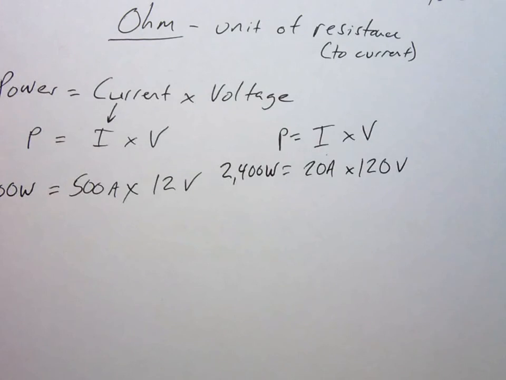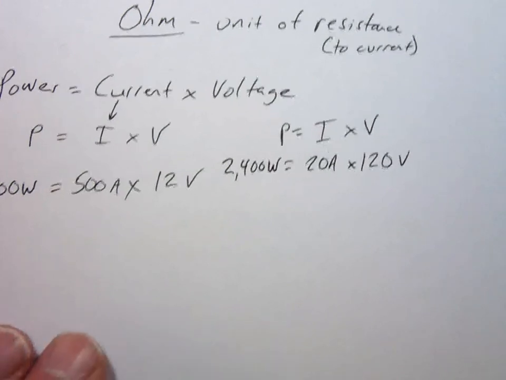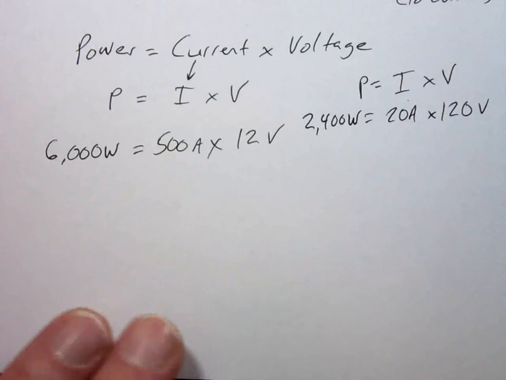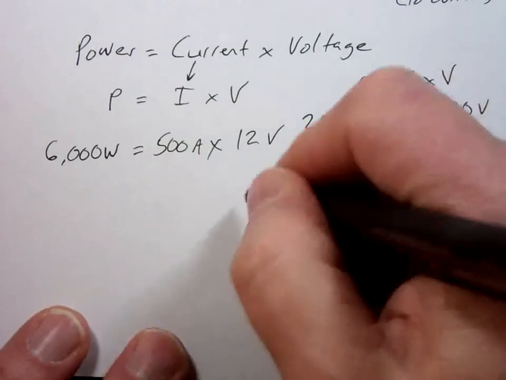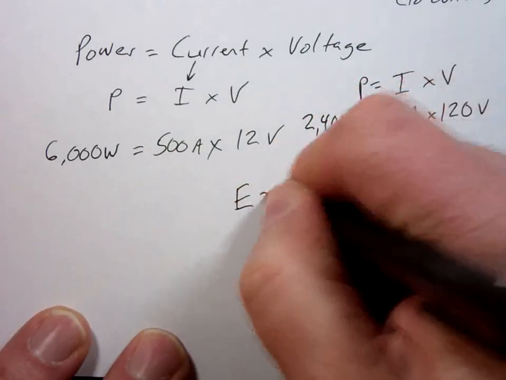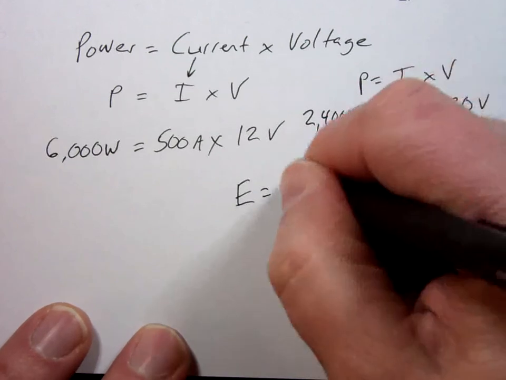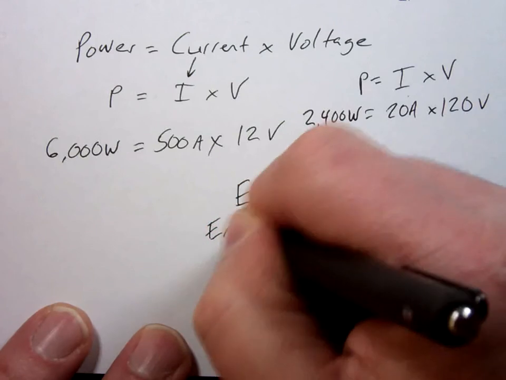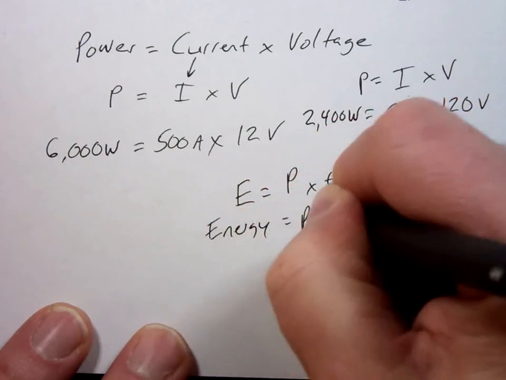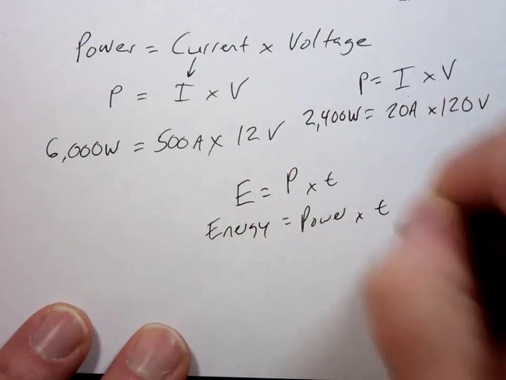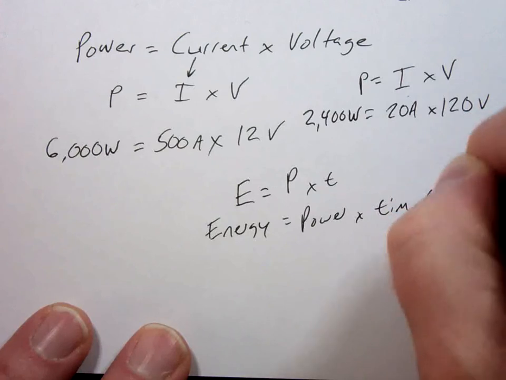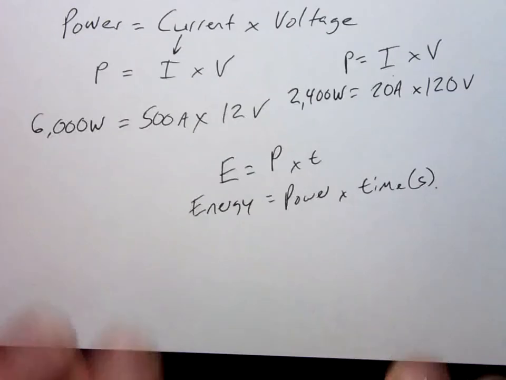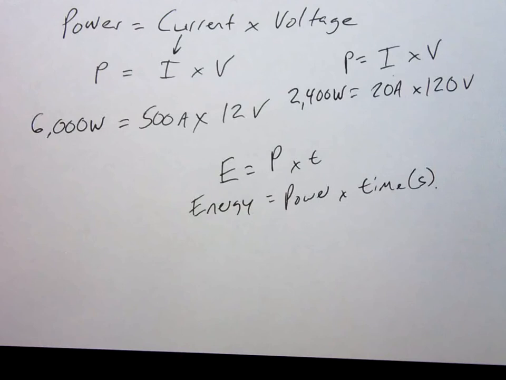Now there's one other little equation I want to throw in here too, and that's this. If you want to get energy back out, you've probably figured this out. Energy equals power times time. Energy equals power times time, because we can cancel out time in seconds very simply by multiplying by time.